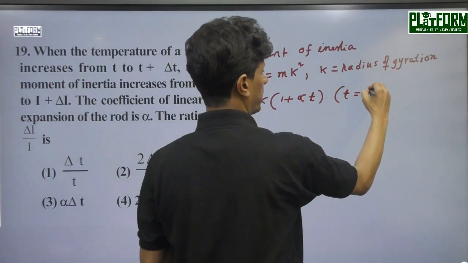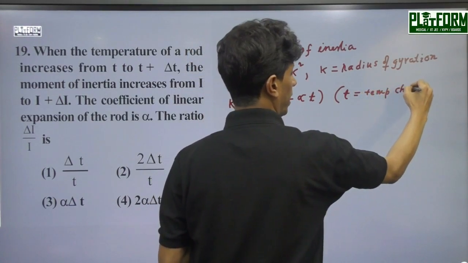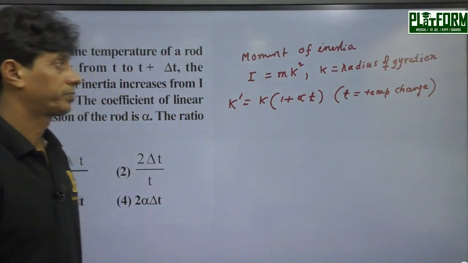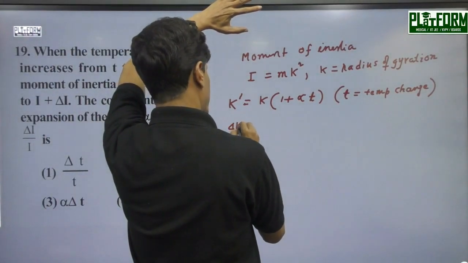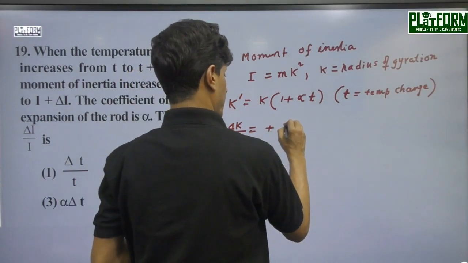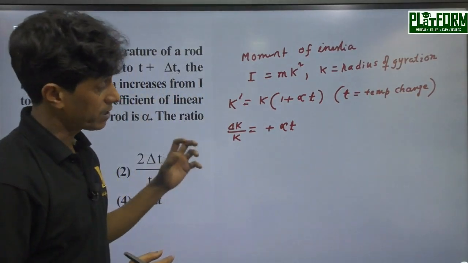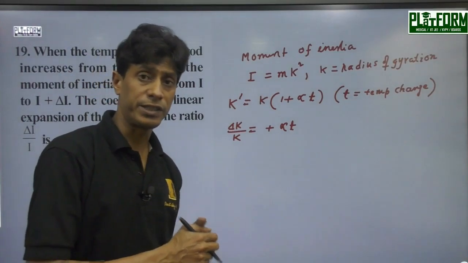Here t I have taken as temperature change, and alpha is the coefficient of linear expansion. And from this we can say del k by k, that is relative change in radius of gyration, is equal to plus alpha t. Here plus represents that with the rise of temperature, the radius of gyration goes on increasing.